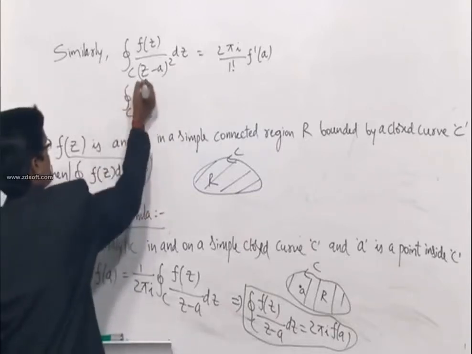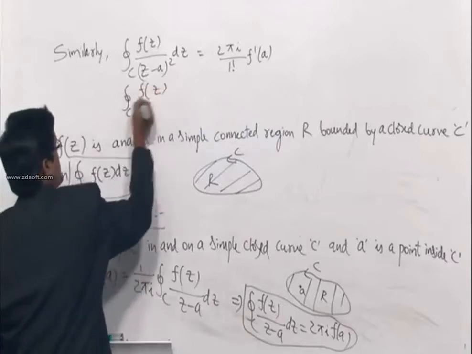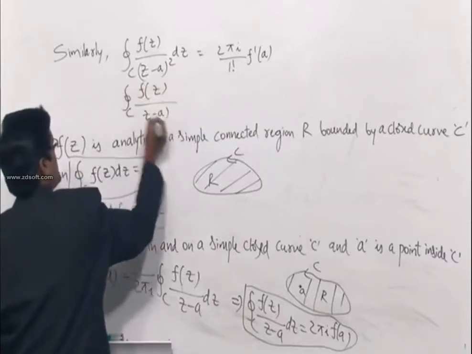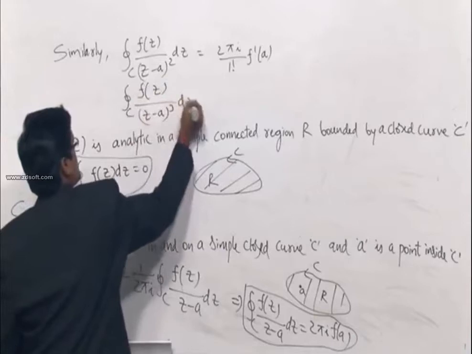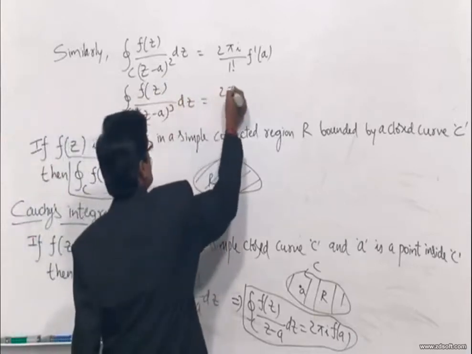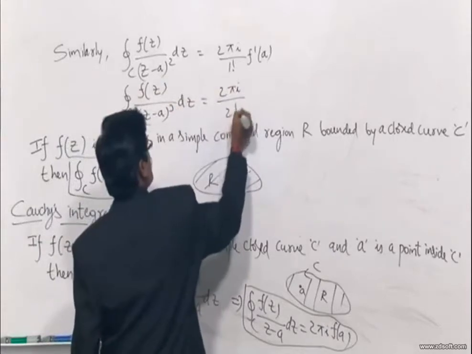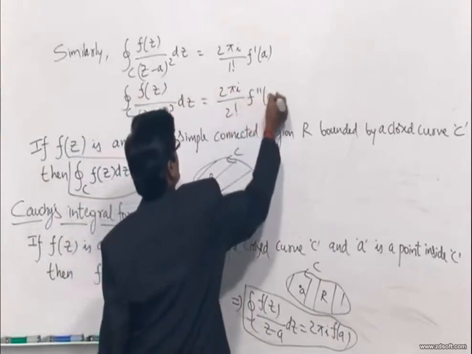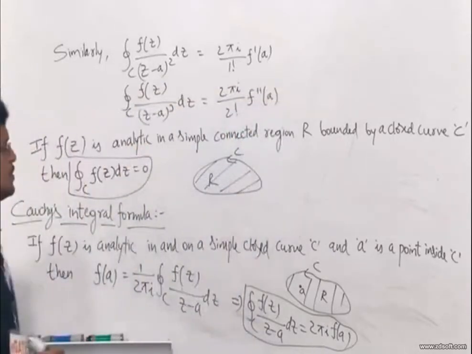The integral over C of f of z by z minus a whole cube dz is equal to 2 pi i by 2 factorial f double dash a. That is the answer.